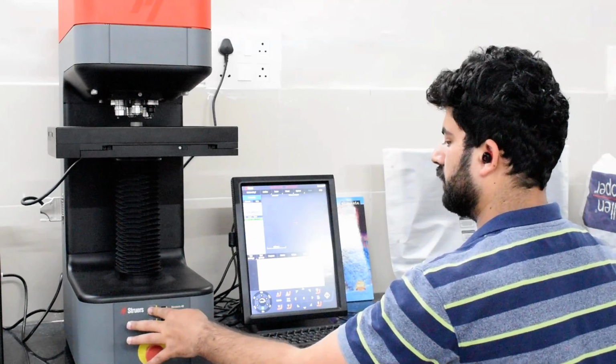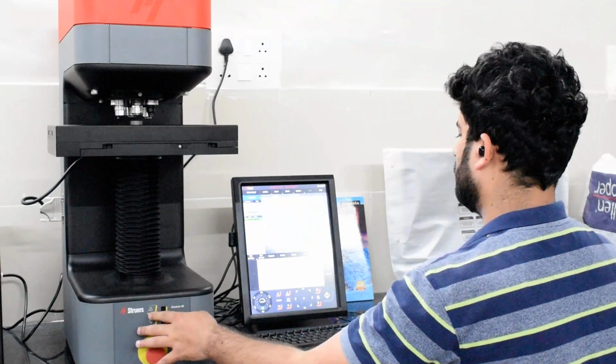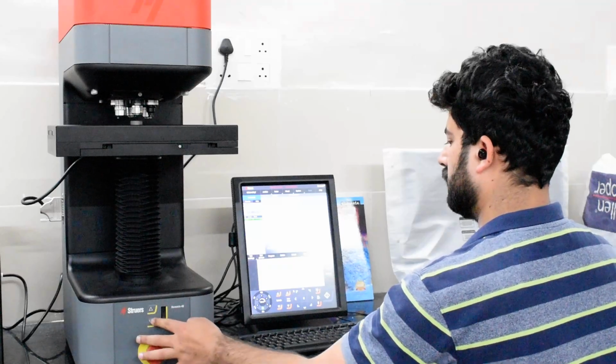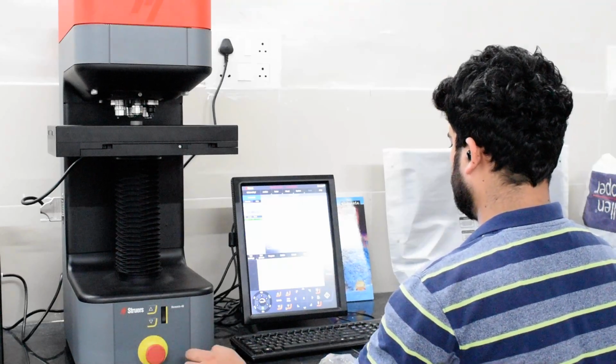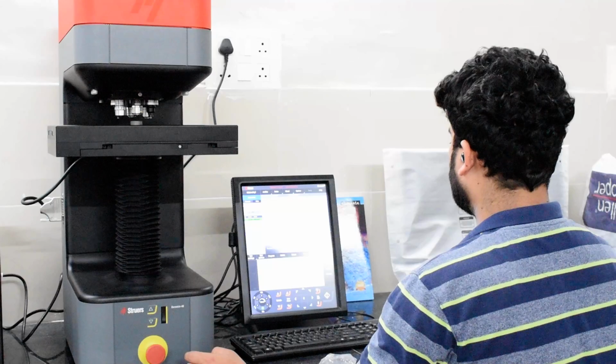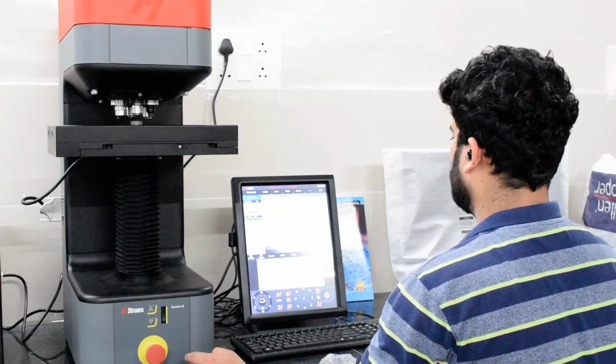It is manually we can do, or we can also do it by using the key given on the screen.